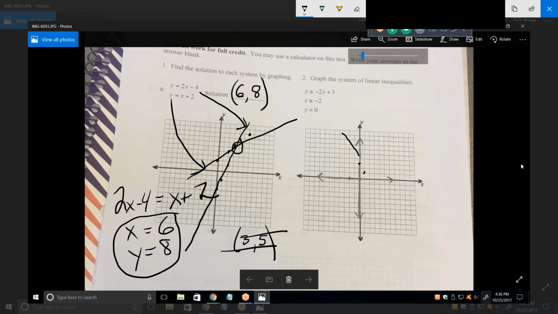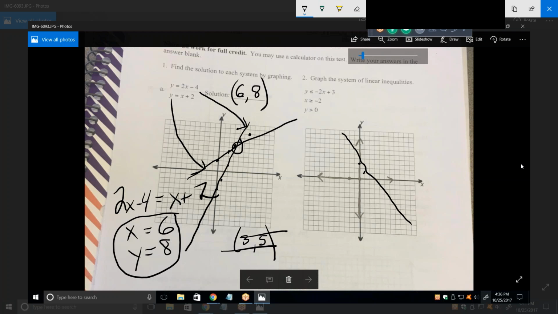Yeah, dotted would be if it were less than or greater than, not less than or equal. Whenever you see a less than or equal, it's a solid line. The y is greater than 0, that's going to be a dotted line. Okay? Now, there's my line, but I still have to shade one part of that.